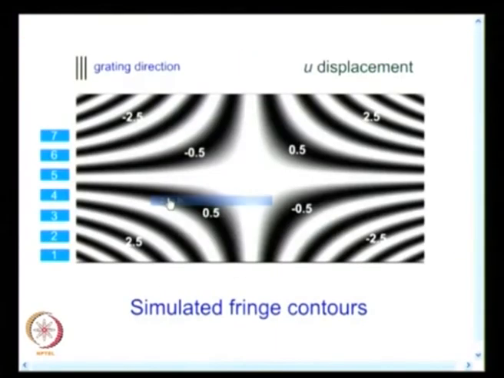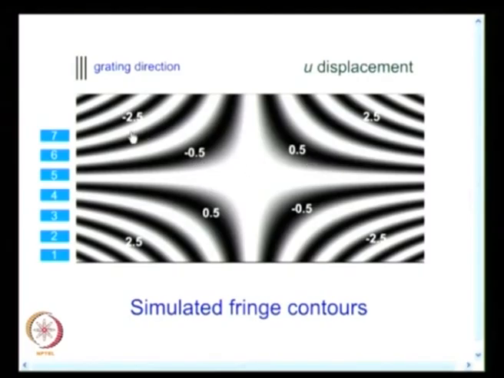What you see here, I have the fringes labeled, and you have 0.5, 1.5, 2.5 like this, and you have minus 0.5, minus 2.5. So, once I go to displacement, I have both positive and negative numbering of the fringes.